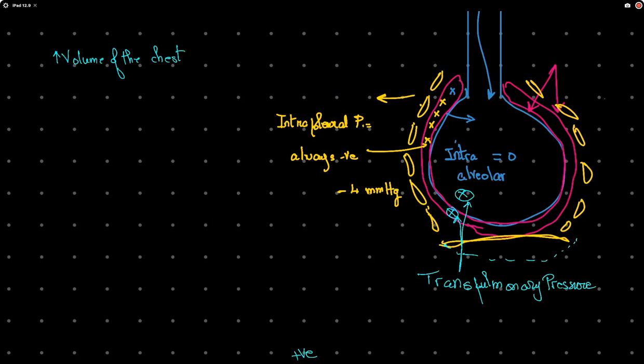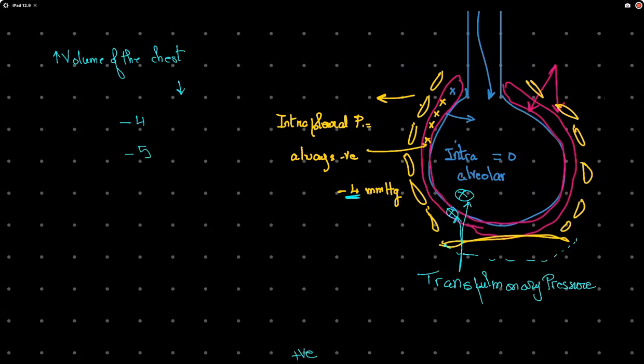When the volume of the chest increases, what happens to the pressure inside? What do you think? If I have an increase in volume, this results in a decrease in pressure. What is the pressure inside your chest? It's the intrapleural pressure, which is -4. So rather than -4, it now drops and becomes -5.